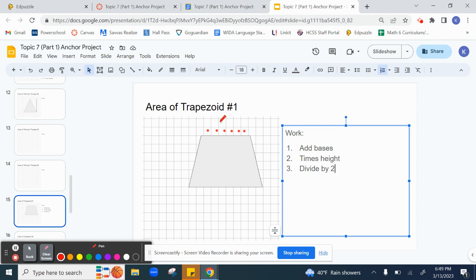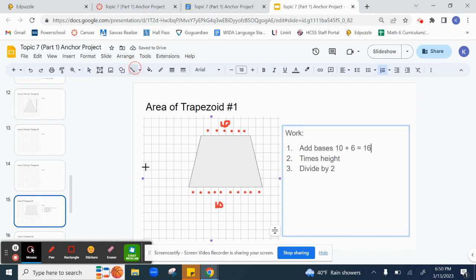So let's write a 6. 1, 2, 3, 4, 5, 6, 7, 8, 9, 10 for our bottom base. All right, so if we add the bases, 10 plus 6 is 16.